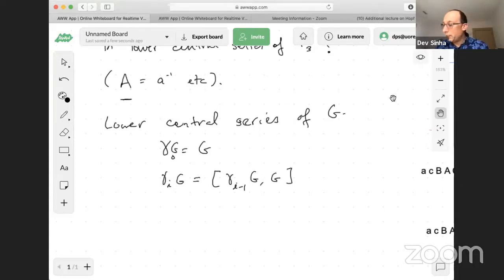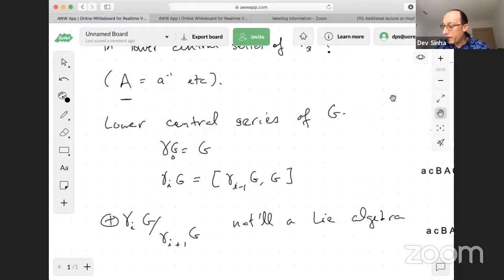And then this filtration has a lot of important properties. It was first defined by Magnus, and this is a sort of universal filtration where if I take consecutive terms, this is naturally a Lie algebra.